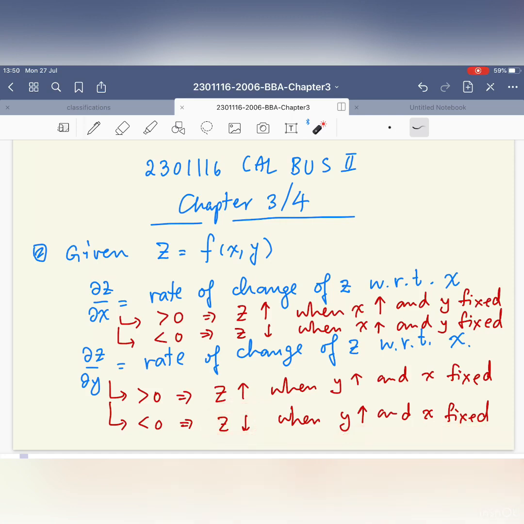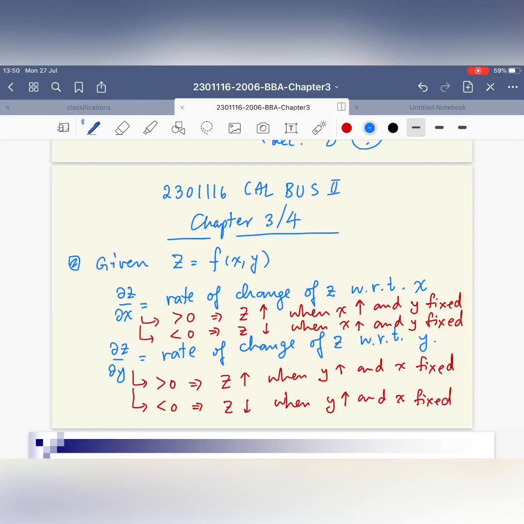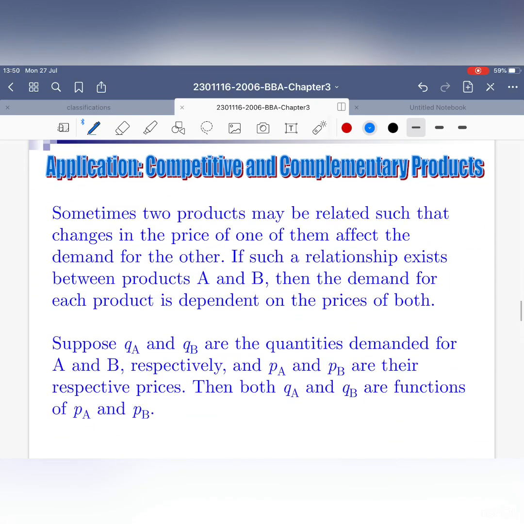So this is the interpretation of the rate of change of z with respect to y. So today we are going to use this kind of interpretation to go over another application of your partial derivative.